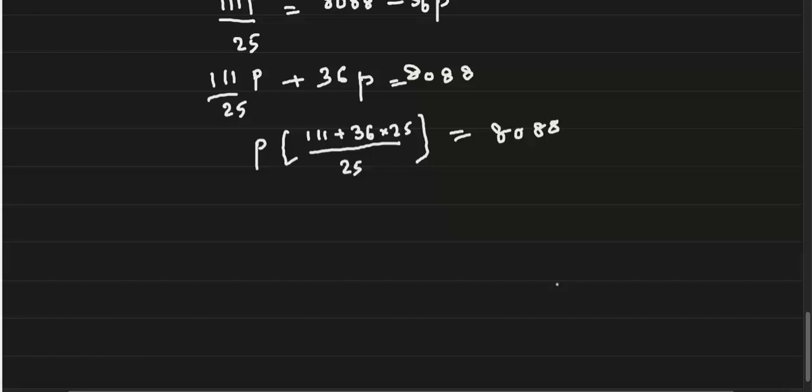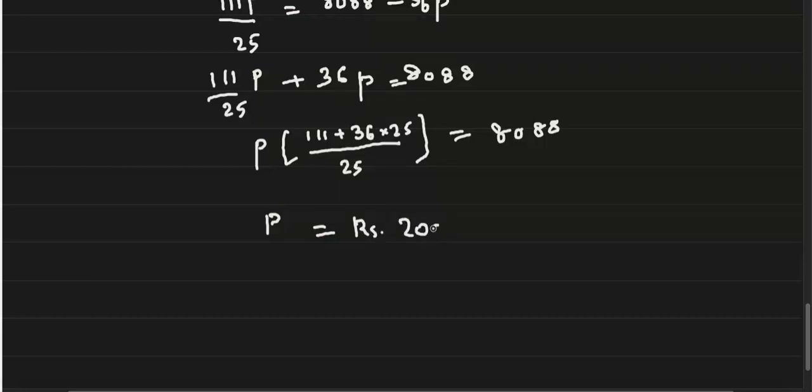If I do the calculations, the P value we will get as 200. 25 will go there and multiply by 8088, and these two terms get added and divide this term. If you do all this, you will get P value as 200.